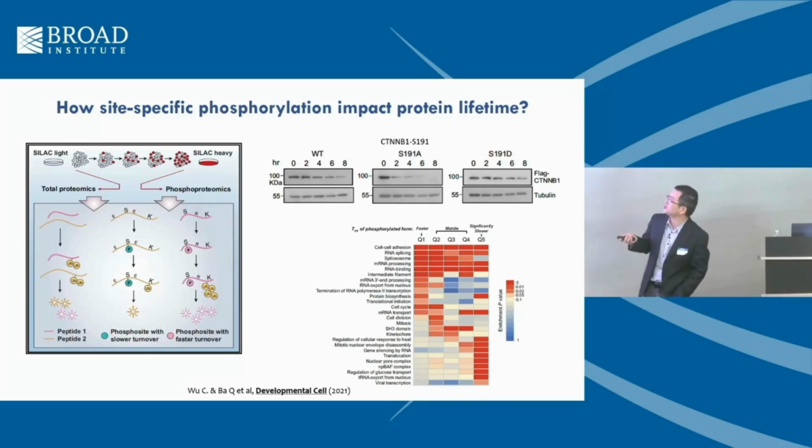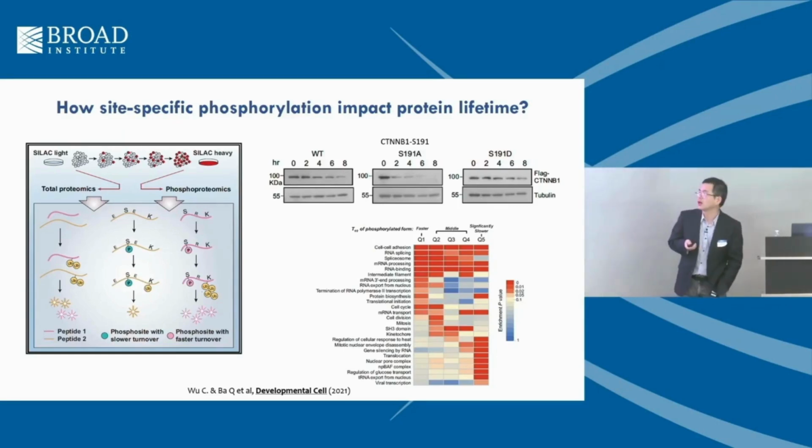So basically here we actually compared the lifetime difference between the phosphorylated and non-phosphorylated version of these proteins, and then divided these peptides or proteins into 5 segments based on the difference of the half-life time. And in Q1, you can see those phosphosites that are annotated to be in cell cycle or translation initiation.